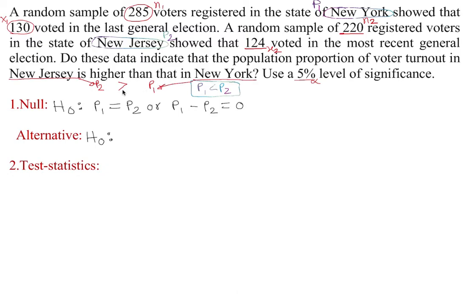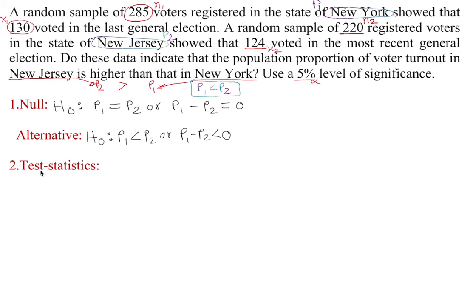So the alternative hypothesis is phi1 less than phi2, and in the same way phi1 minus phi2 less than 0. That's my null and alternative hypothesis.